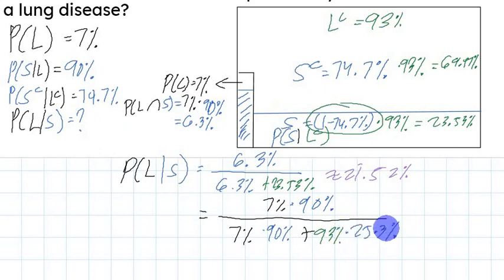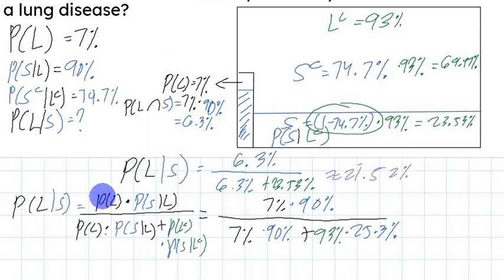Now, let's put again our formal formula of Bayes' theorem here. And like what we mentioned a while ago, this is the difficult one. How do we get the probability of a person being a smoker given that that person doesn't have lung disease?